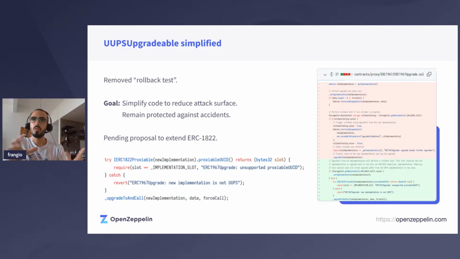And what we came up with was this rollback test, which essentially was proving on-chain that when you do an upgrade, you are definitely able to roll back to the previous version. And this gave quite strong assurances that you were able to do that.